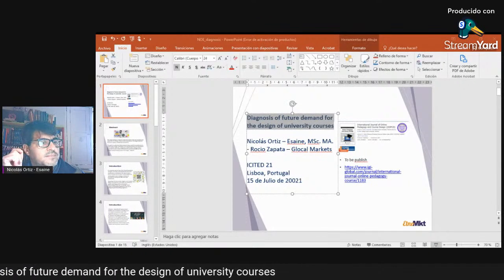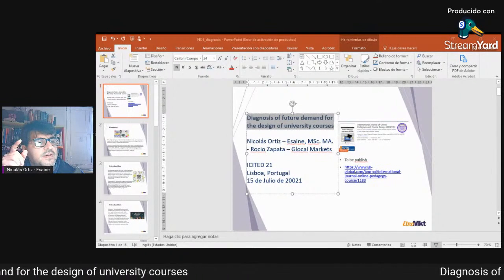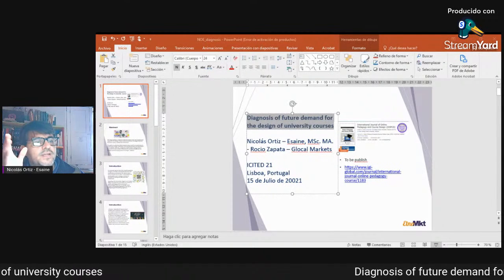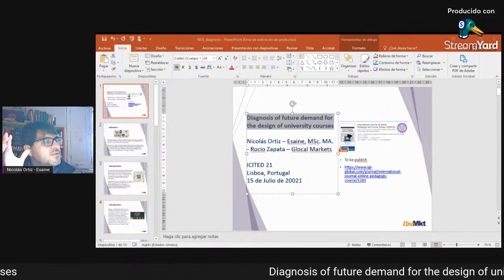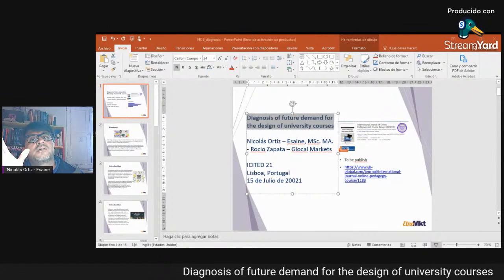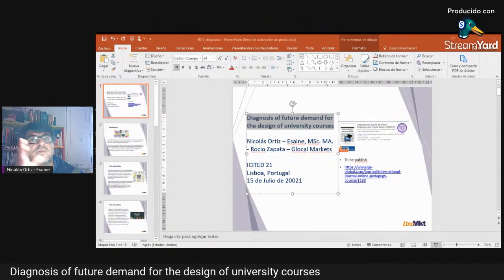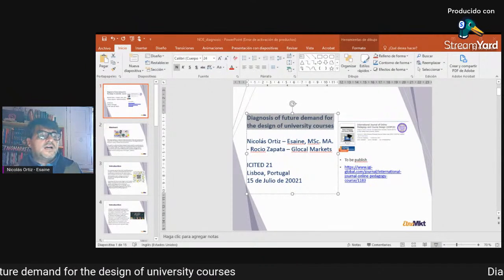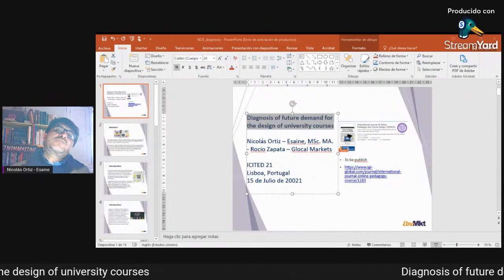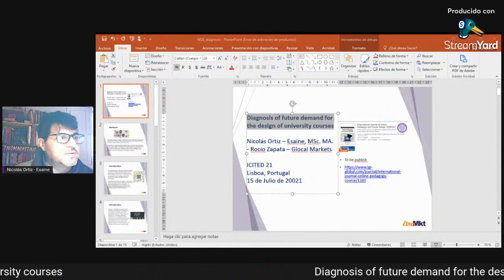The process needs to be updated and must integrate a real university community, not only an academic community or only a student community, but a university community that includes a lot of actors.